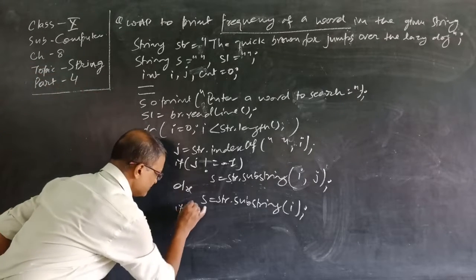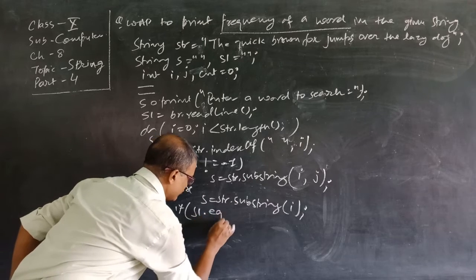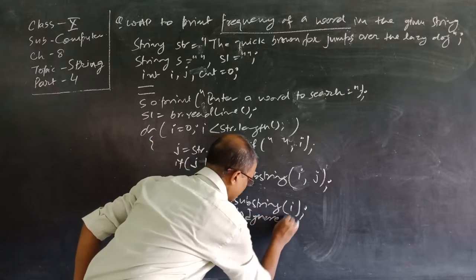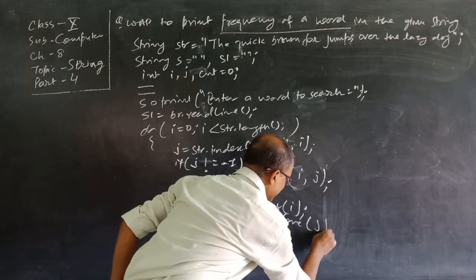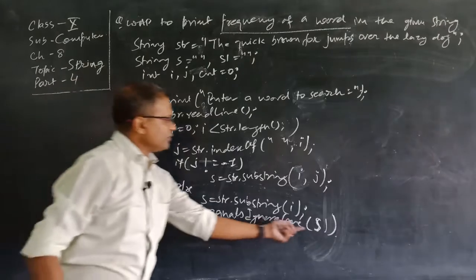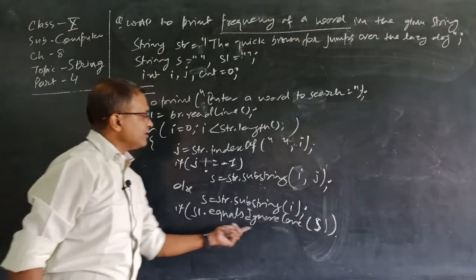What if S1 dot equals ignore case S. S1 is to be compared with S using the function equals ignore case.